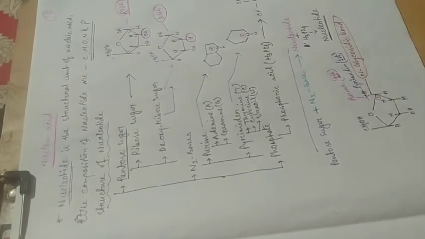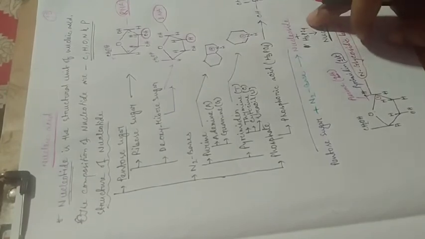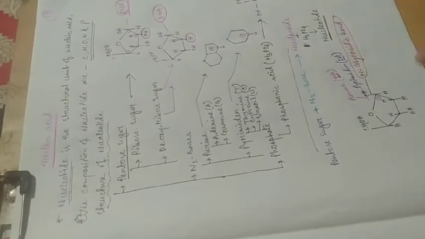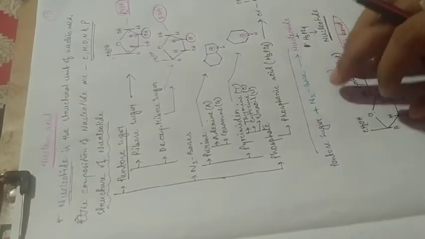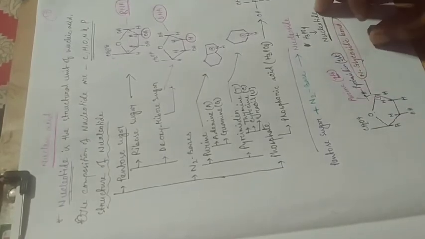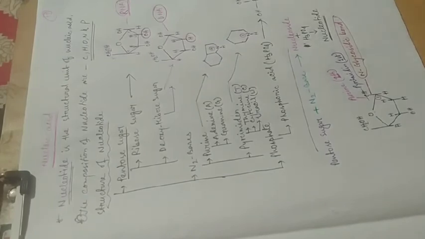How will a nucleotide form? If the H3PO4, meaning a phosphate group, is attached with the pentose sugar of the nucleoside, then it is called a nucleotide. So where does the phosphate get attached?